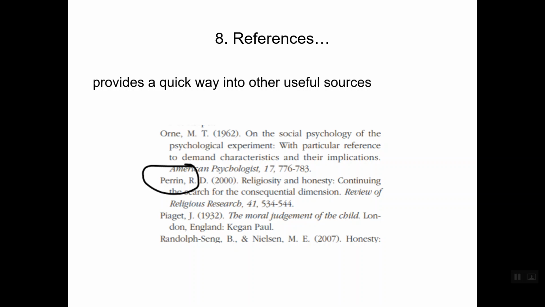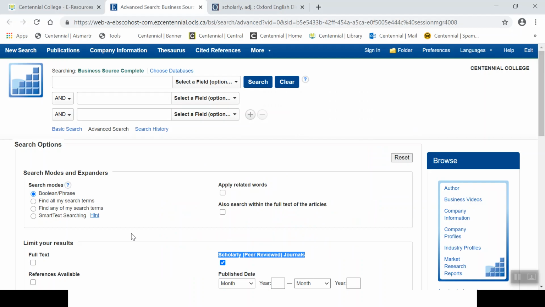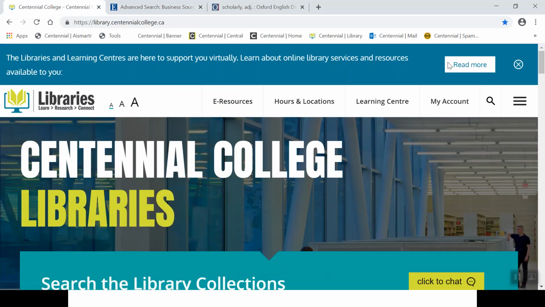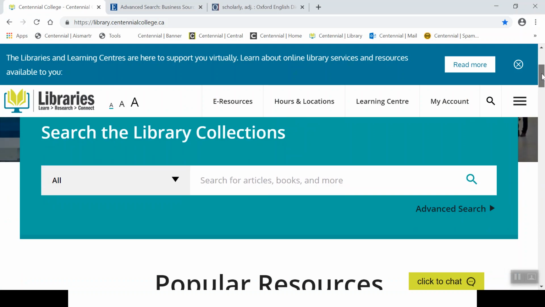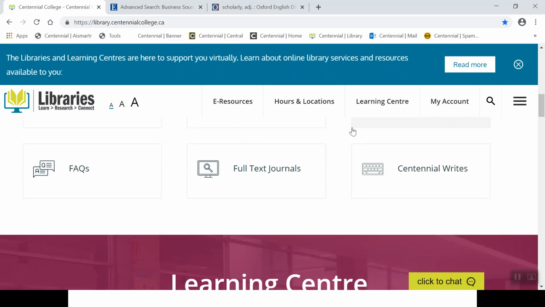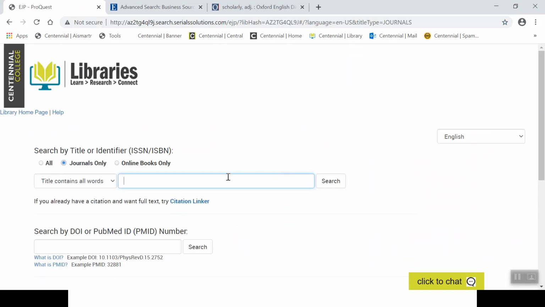Let's do that. We'll return to the library's homepage and have a look at a different part of our collection. We'll have a look in the full text journal feature. This allows us to see if we have access to a particular publication.